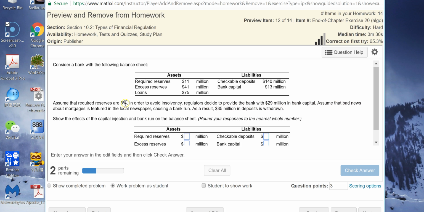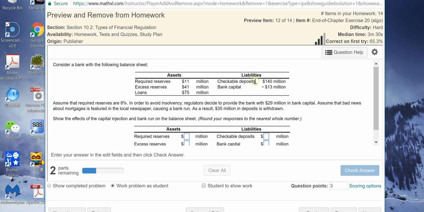Assume that bad news about mortgages is featured in the local newspaper, causing a bank run. As a result, 35 million in deposits is withdrawn. So when the regulators inject $29 million into the bank, negative 13 plus 29 gives you a positive number.